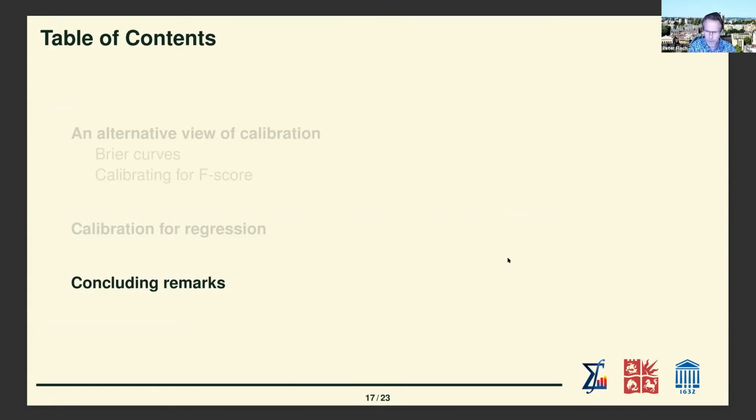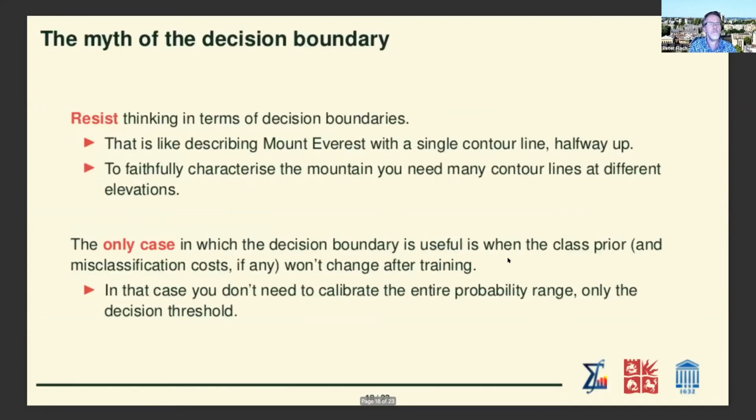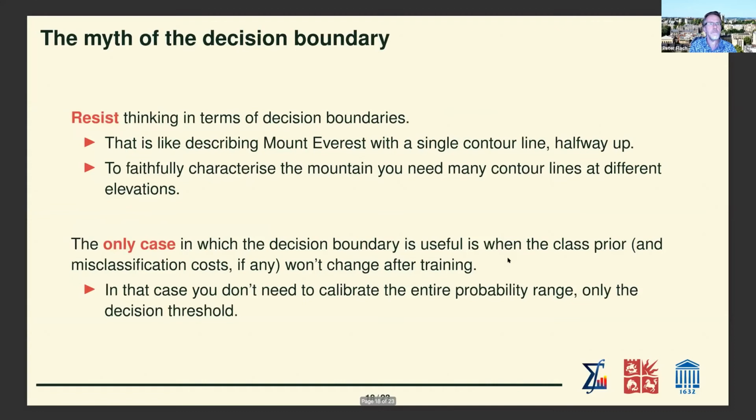And I'll just wrap up with a few general comments. So I'm not going to summarize, but first of all, I labeled this slide the myth of the decision boundary, or I could equally have said decision boundary considered harmful.